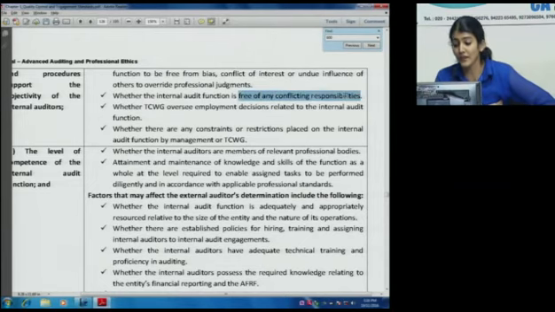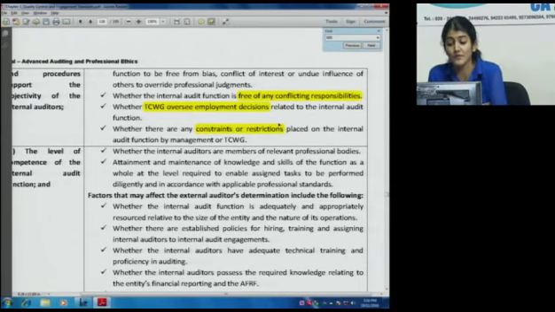Are they free of any conflicting responsibilities? Do TCWG oversee employment decisions? And are there any constraints or restrictions placed on the internal audit function? Is there any limitation on scope in our language? So that's the objectivity. You never know with ICAI, they may ask you a retail question on the objectivity of the internal audit function.